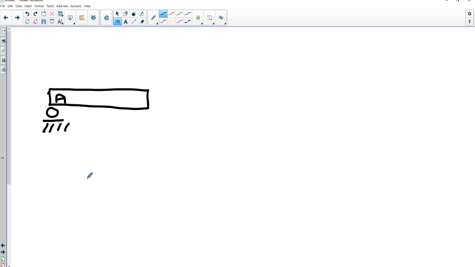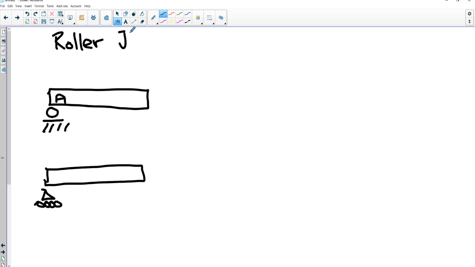And sometimes, by the way, you might see this drawn like this, with wheels on it. So that's how you remember it's a roller joint, not a pin joint. Roller supports are replaced with a force in the perpendicular direction.